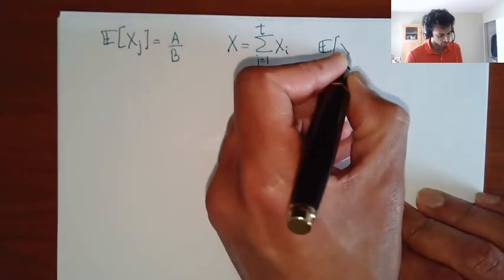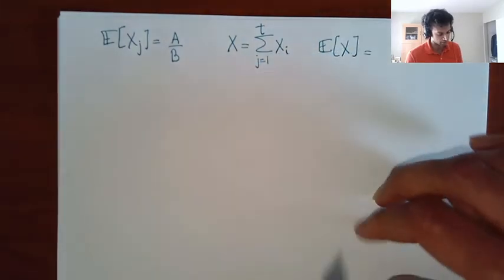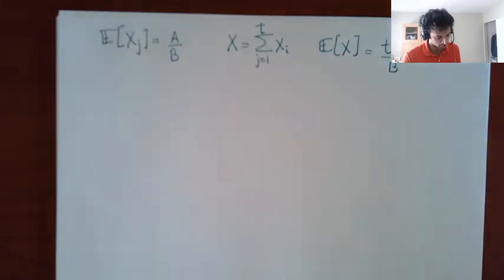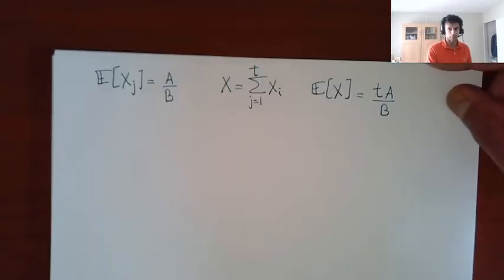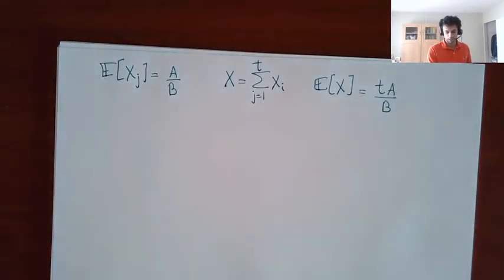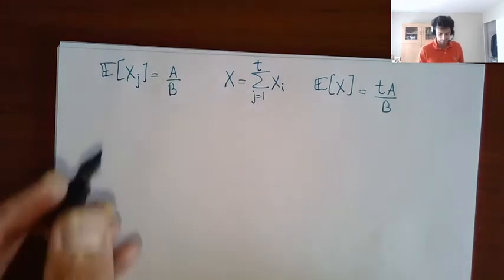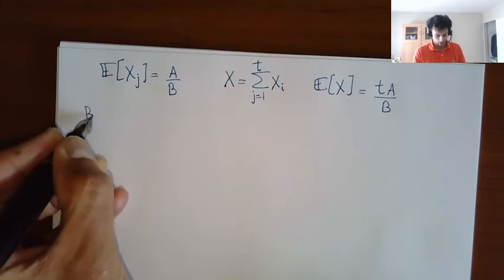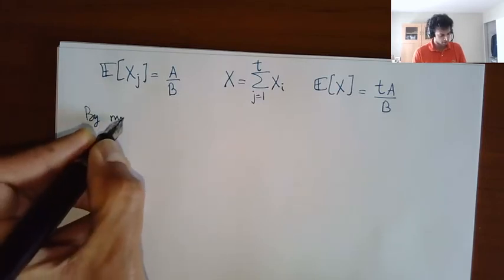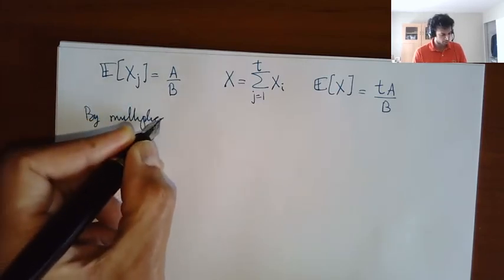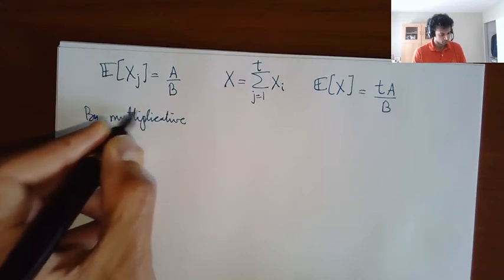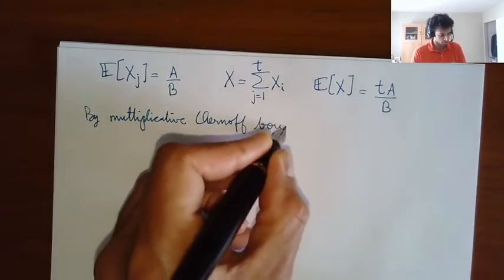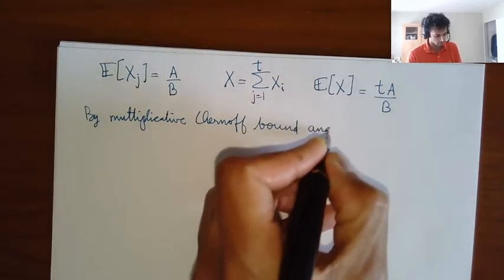And again, by linearity of expectation, this is equal to t times a divided by b. That's the expectation of x. And so by the multiplicative Chernoff bound and a union bound.